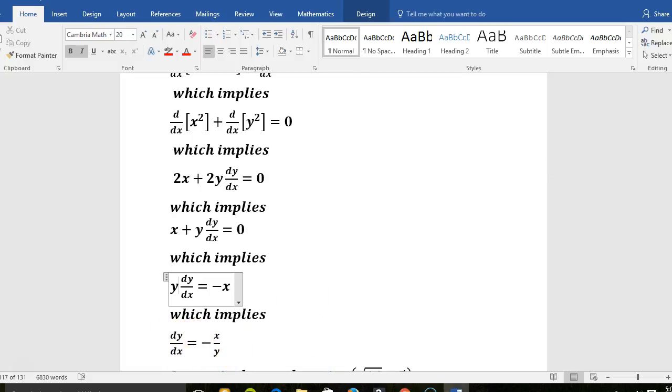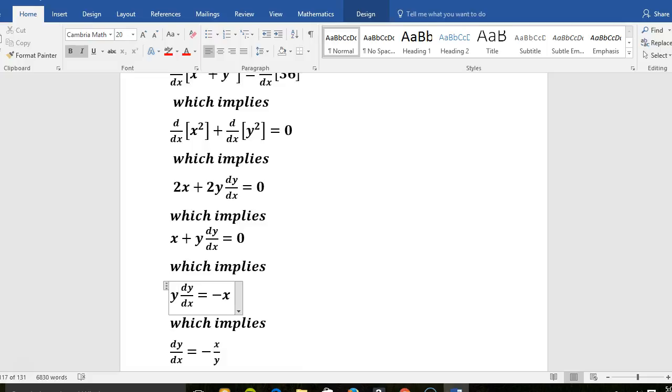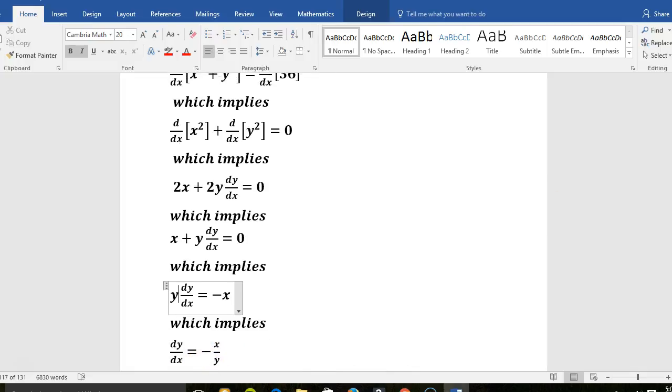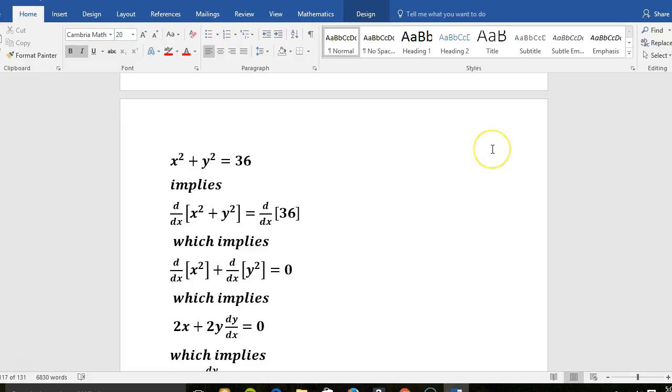Now we are assuming, there is something important here. We're assuming that y is not 0. And to be honest, I'd rather x not be 0 either.